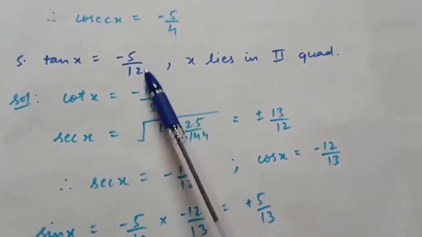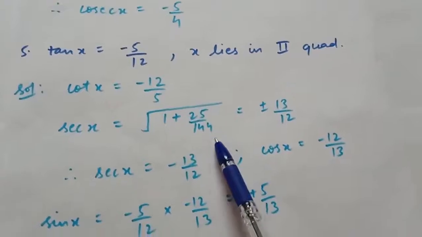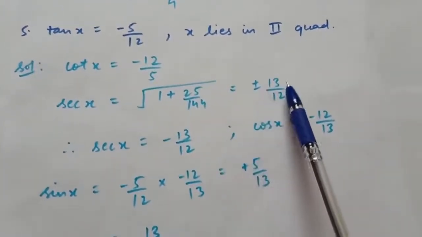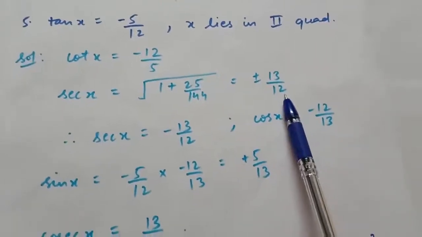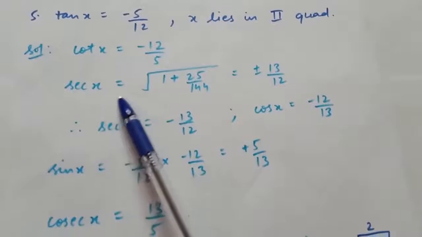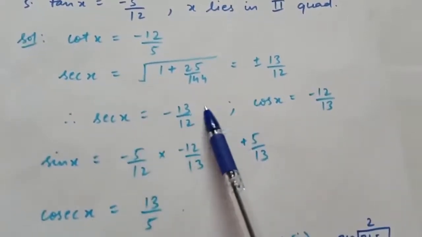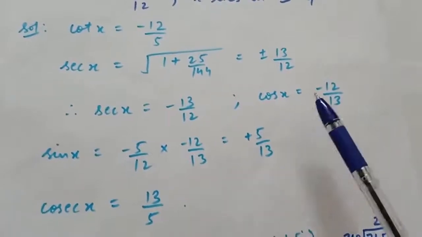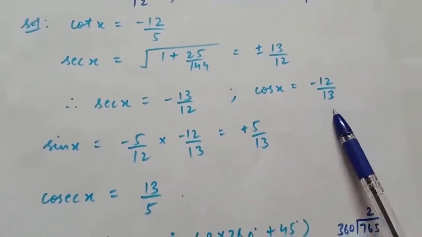Tan square x will be 25 by 144. So you will get plus minus 13 by 12, because this is second quadrant, so secant will be negative. So secant x will be minus 13 by 12, and therefore cos x will be minus 12 by 13.